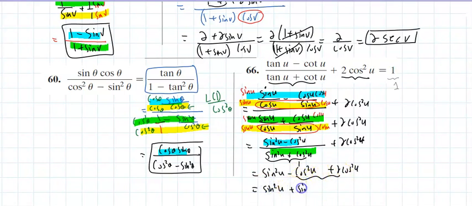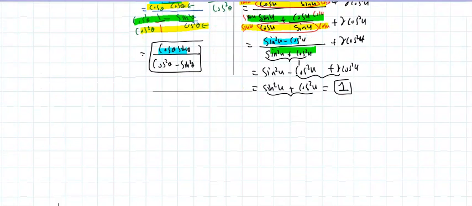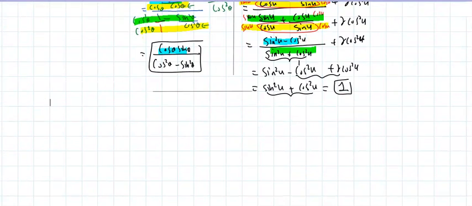Isn't that one of those? And we're back to the magic identity. Sine squared of an angle plus cosine squared of an angle is a 1, which is what I want. So again, if I see squares, I will start with the Pythagorean identity. There are only 3 of them, those 3 identities. And if I see linear, I'll try to write everything in terms of sine and cosine and proceed.